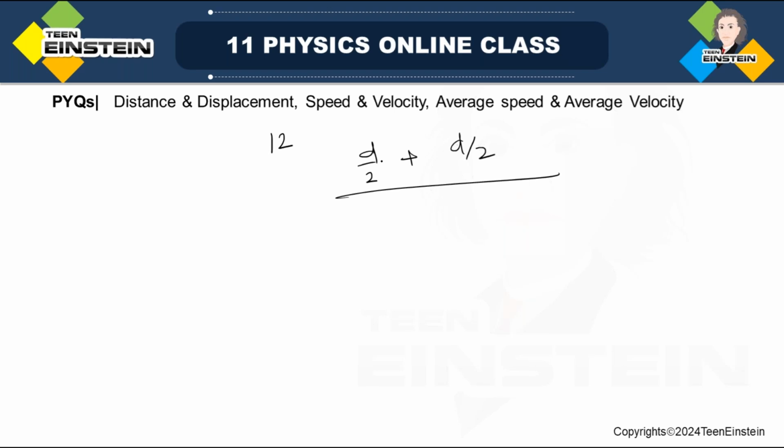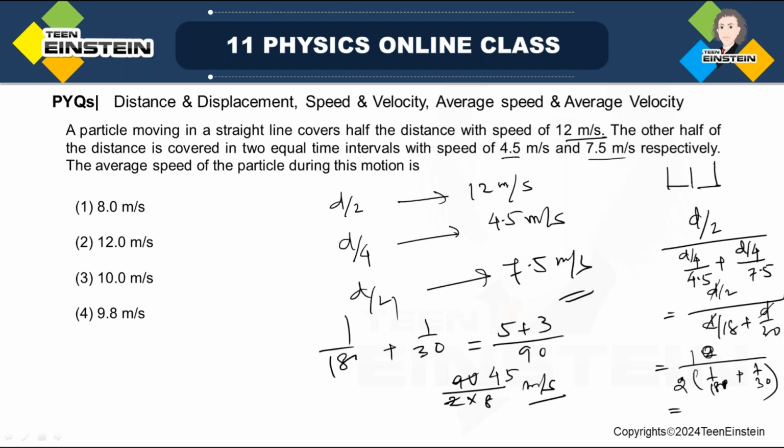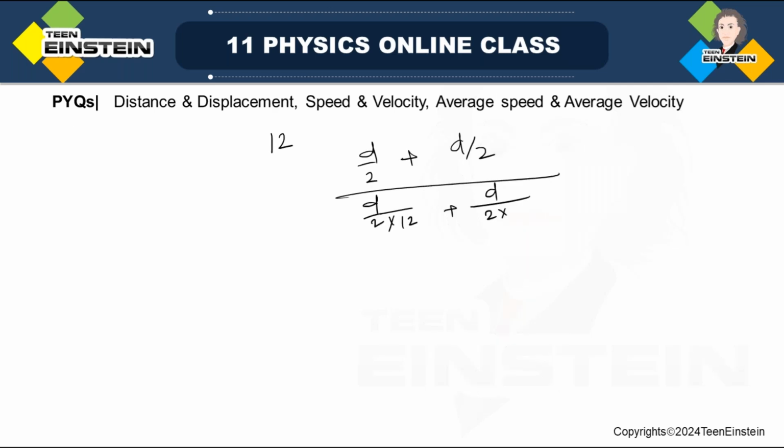This is 12 meter per second. Time is actually d by 24. Here d by 2 into the average speed. Here we have got 45 by 8. This 8 goes here, 45 here, this is 4.